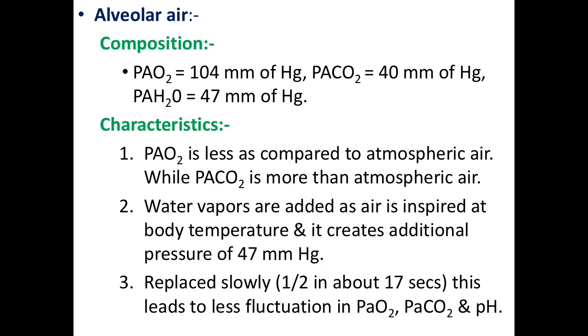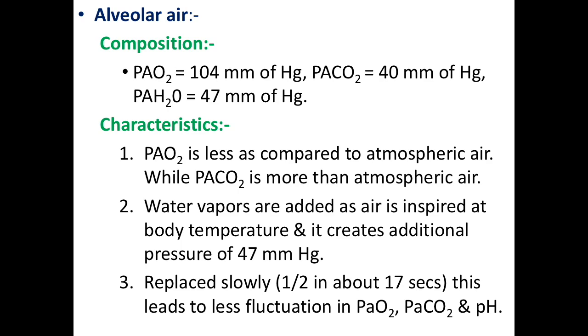Now this alveolar air slightly differs from atmospheric air. Talking about the characteristics of alveolar air, first, the partial pressure of oxygen is less as compared to atmospheric air, while the partial pressure of carbon dioxide is slightly more than atmospheric air. The reason is that residual volume is present inside the alveoli and it dilutes the atmospheric air when it enters the alveoli.